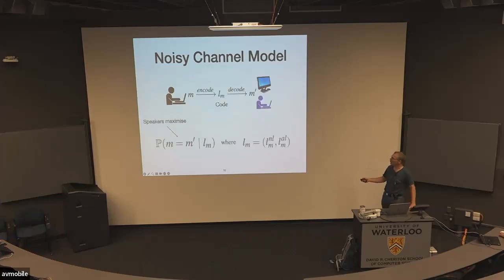So formally, what the speaker, or developer here in our setting, is doing is maximizing this conditional probability. They're maximizing the probability that the intended message is the received message conditioned on the encoding chosen. And because we're maximizing this over two channels, the encoding is a pair. It's pairing an encoding for the natural language channel and the algorithmic channel.